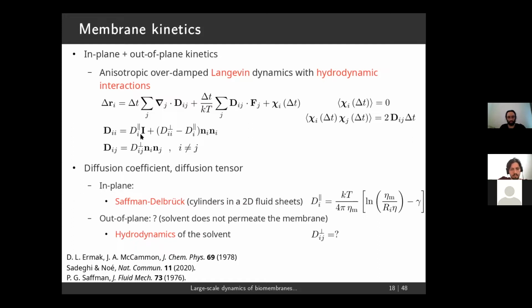Now all we need to do is to find expressions for these components. Luckily for the in-plane contributions, we have a very good model of Saffman and Delbrück. This is something that they worked on in the 70s to study how a cylinder floating in a 2D fluid sheet would diffuse around.